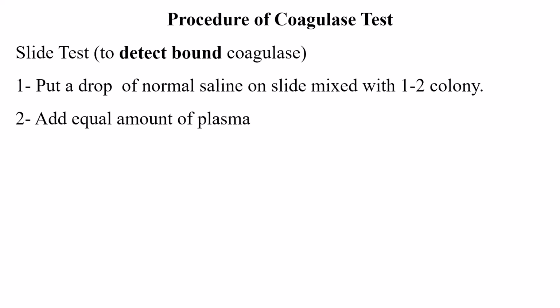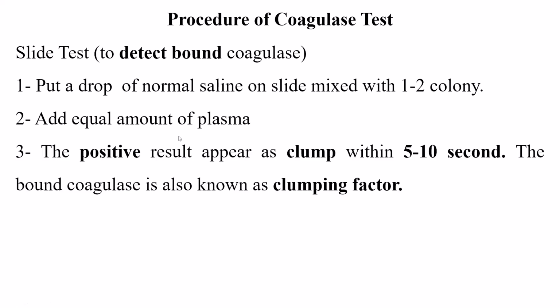Then we will add an equal amount of plasma. The plasma is obtained after taking blood from a patient and centrifuging it in a trisodium citrate tube. We mix it with the bacteria. The positive result appears as clumping within 5 to 10 seconds.